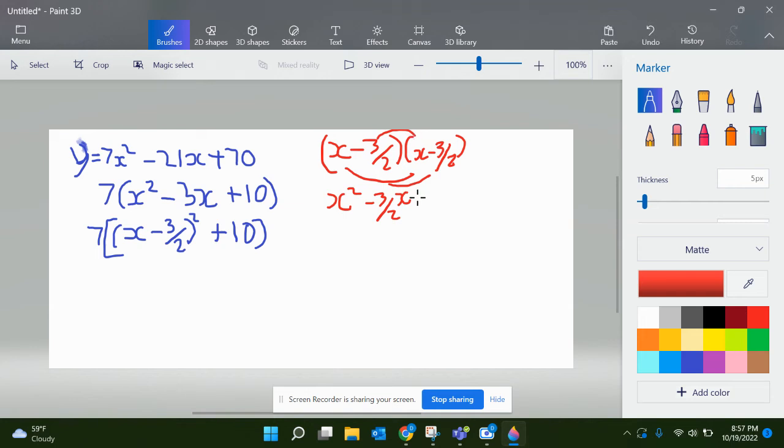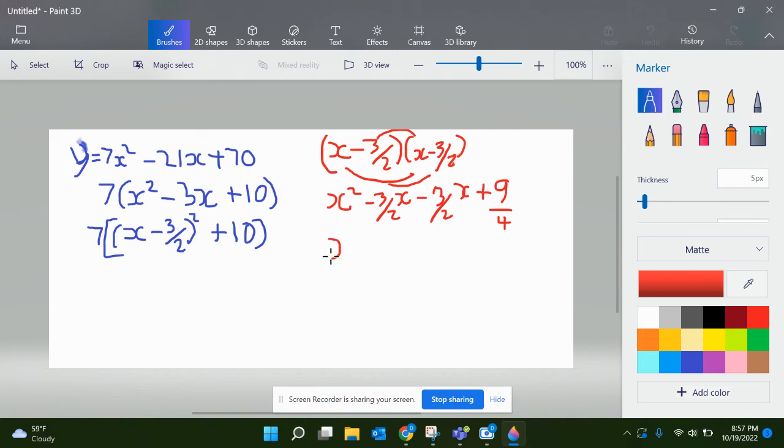My third term is minus 6 over 2, or minus 3 over 2 x. Okay, and then if you remember your fraction laws on multiplying, it's top times top, bottom times bottom. So I'm going to have a positive 9 over 4. Let's just leave it like that. Okay.